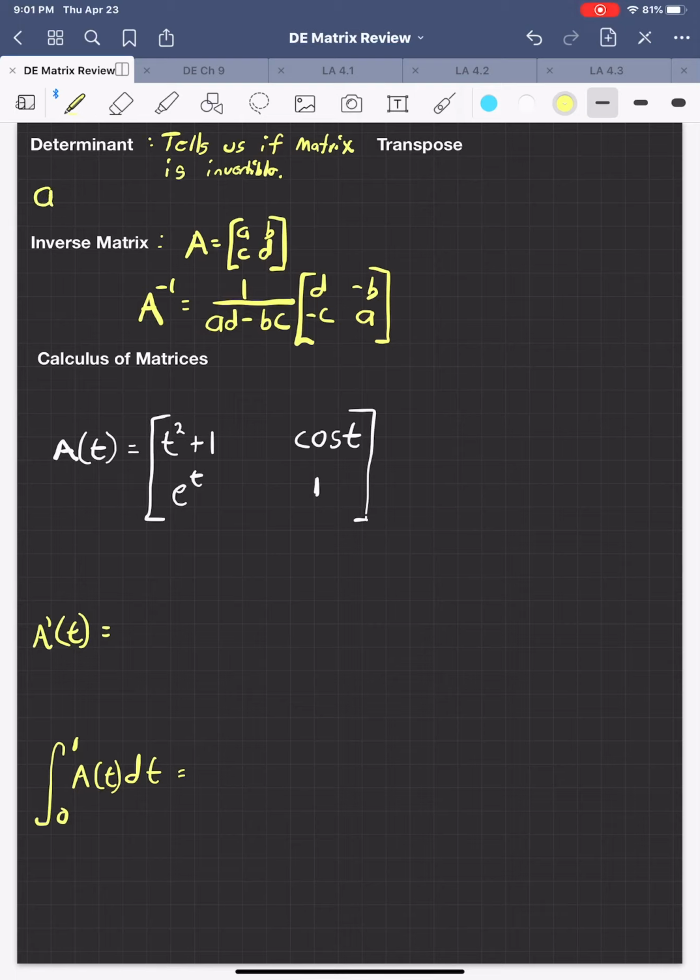So A, D minus B, C is the way we can define our determinant, since we're working with 2 by 2 matrices. And if this equals 0, then there is no inverse. Okay, if A times D minus B times C does not equal 0, then we have an inverse.